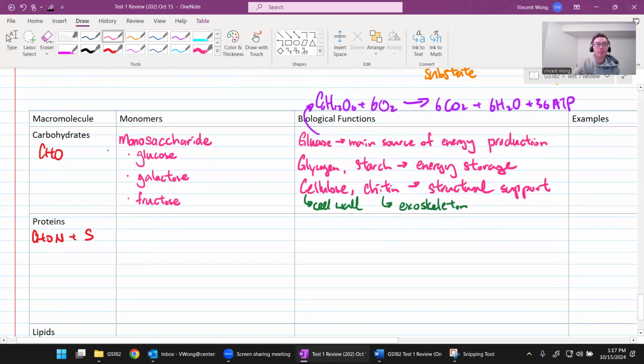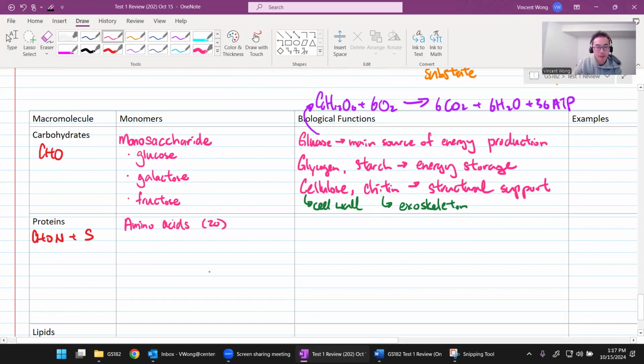The polypeptide is the long chain, yes, but what are the individual building blocks? Steroid is an example of lipids. We will get to that in a second. Amino acids. That's right, amino acid. Thank you.